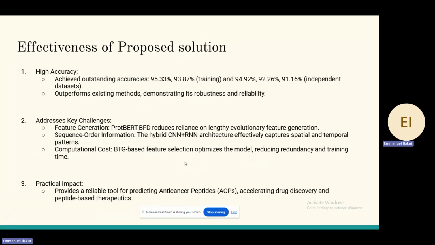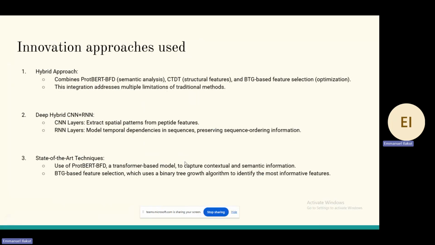And then practicality: it provides a reliable tool for predicting SCPs, accelerating drug discovery, and peptide-based therapeutics. Innovation, approaches used. As we already see, for feature extraction they used a probability model for semantic analysis, and then they used composition for structural features.